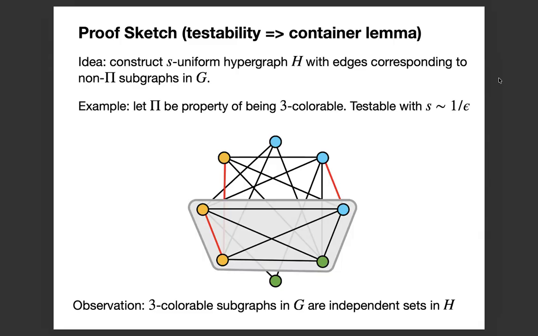This is going to be the same vertex set as G. So G is going to be on vertex set V and edge set E. H is going to be on the same vertex set, and the edge set is going to correspond to any set of S vertices which are not 3-colorable in the original graph. Does that make sense? And S is the sample size.